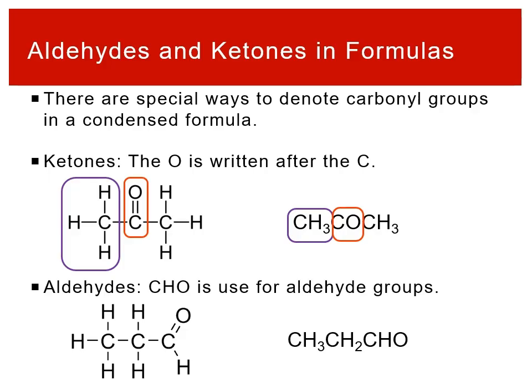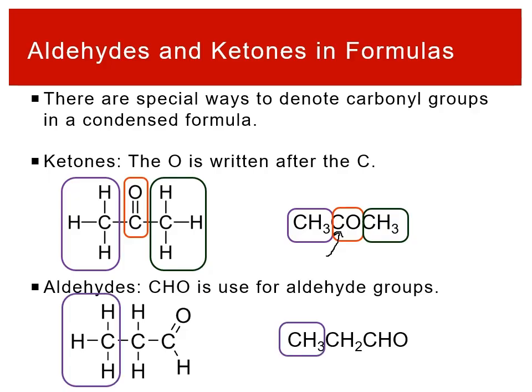We just write the O as next in line in the condensed formula. But you'll note we can tell that this can't be an ether oxygen because this carbon atom doesn't have anything else that it's bonded to. So it would have to be double bonded to the oxygen. So we do want to be careful when it's CO. We want to parse out that that is going to be a carbonyl for the ketone, and then the CH3 over here.